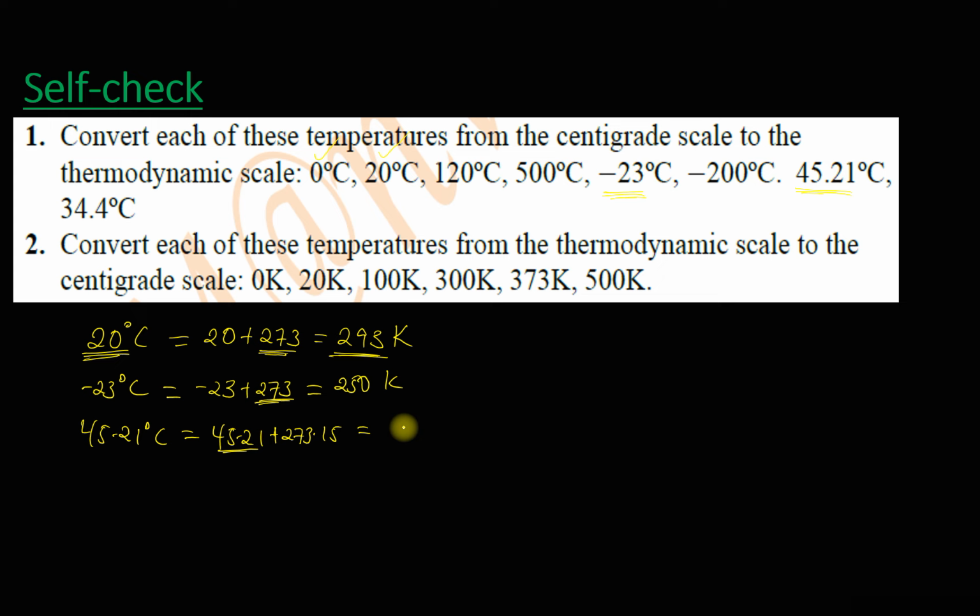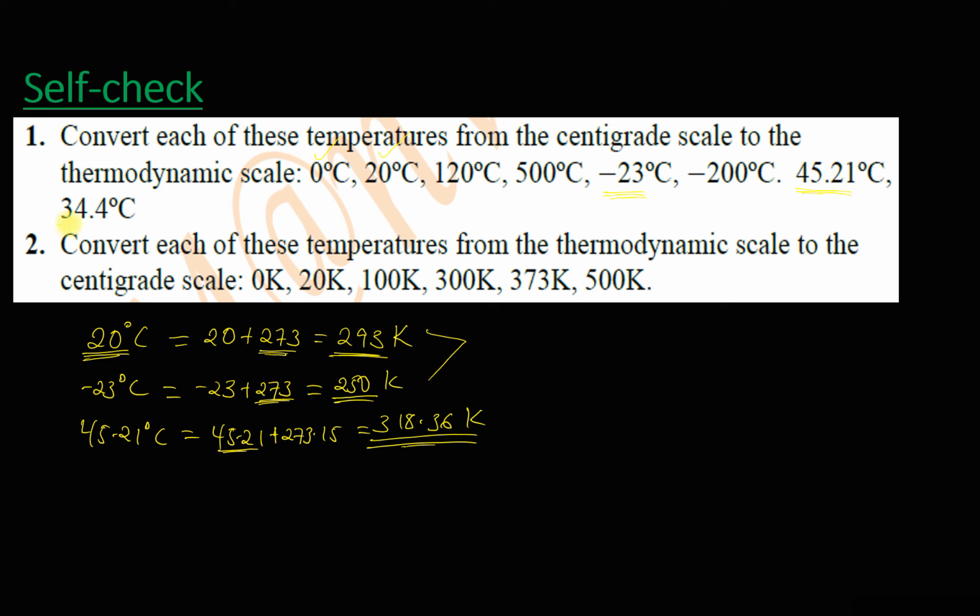So 45.21 plus 273.15 would give me 318.36 Kelvin. For this precision, I will maintain the answer as 318.36 Kelvin. Mark the difference between this answer and the previous answers that I've just written.